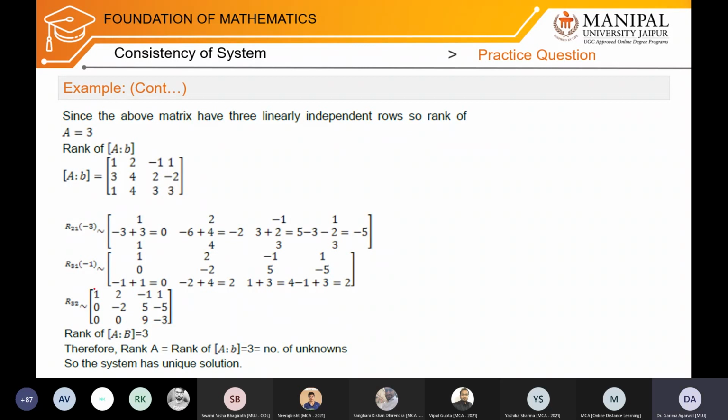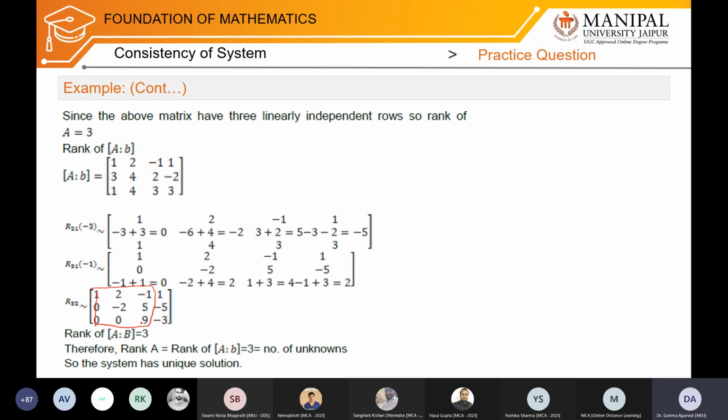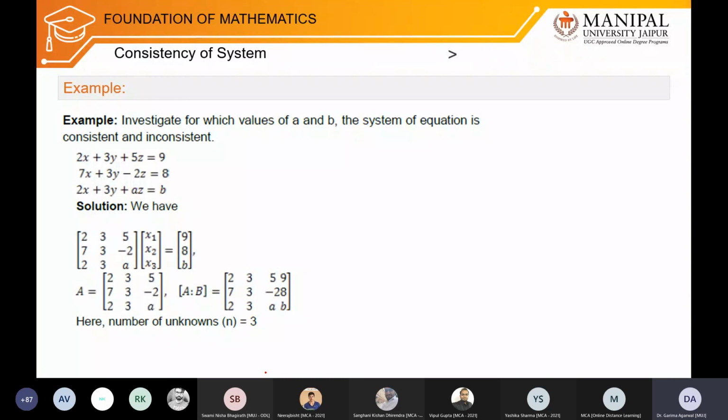So by these 9 numbers you can find the rank of matrix, that is 3, because number of non-zero rows is 3, and by all the elements we can say that the rank of augment matrix is 3. So rank of A, rank of augment matrix and number of unknowns all are 3, that means system has unique solution, right?